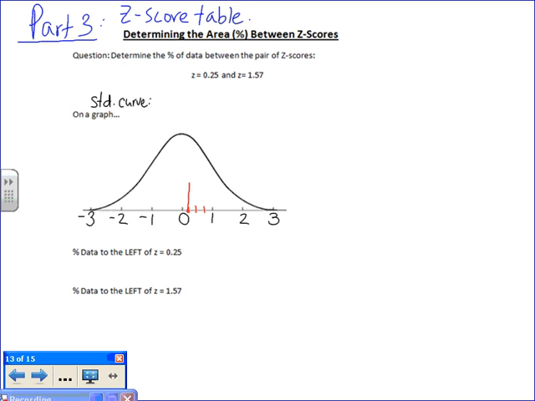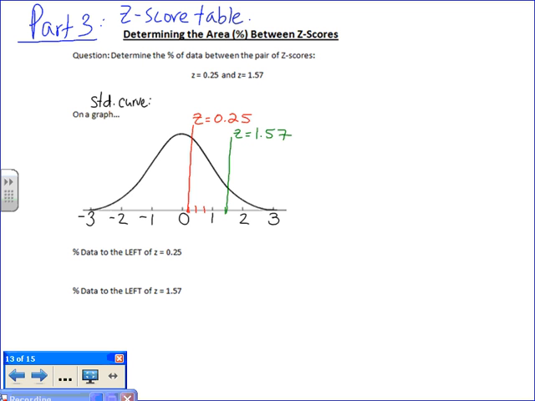It would be right here, z is equal to 0.25. The other z-score I have is z is equal to 1.57. Well, 1.57 is just past the halfway mark between 1 and 2, so it would be right around here. So I can put those on my graph to give me a picture of what I'm looking at.